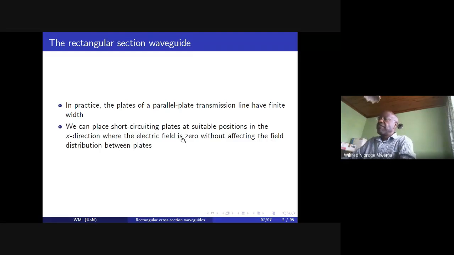But if they have finite width, if you look at the infinite parallel plate transmission line, we can choose points somewhere along the parallel plate, in the x direction, where the electric field will be everywhere equal to 0. And we can place short-circuiting plates there, without changing the distribution of the electric field between the plates.